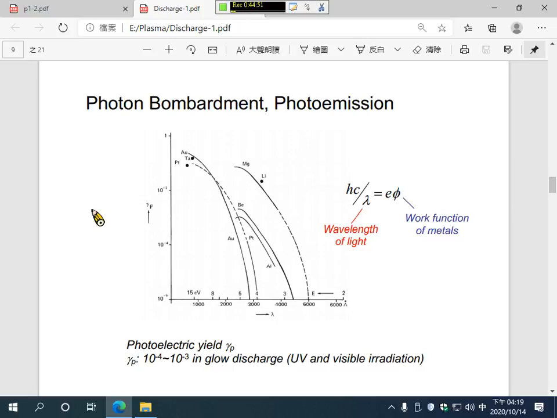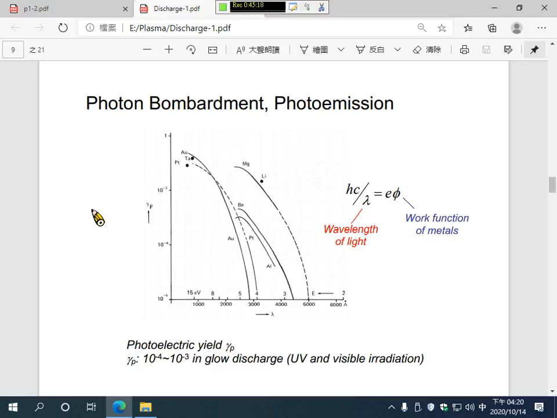So you can convert the wavelength of light to the energy of the photon. If the energy of the photon is higher than the ionization energy of the gas species, these photons can ionize the gas.